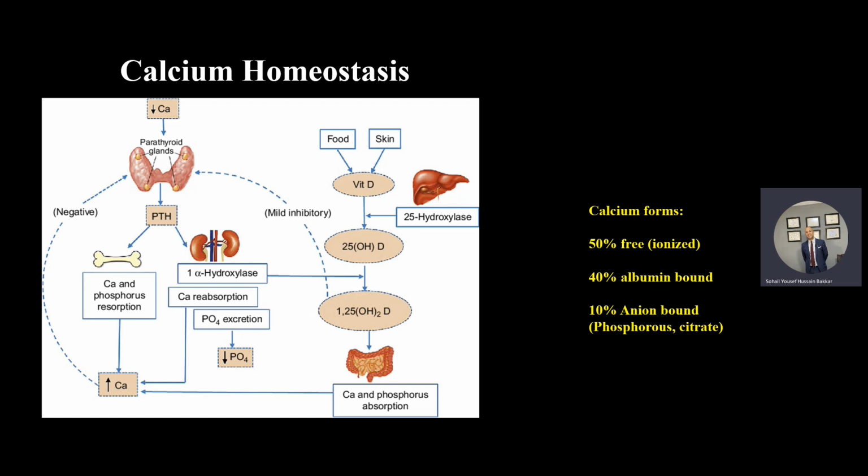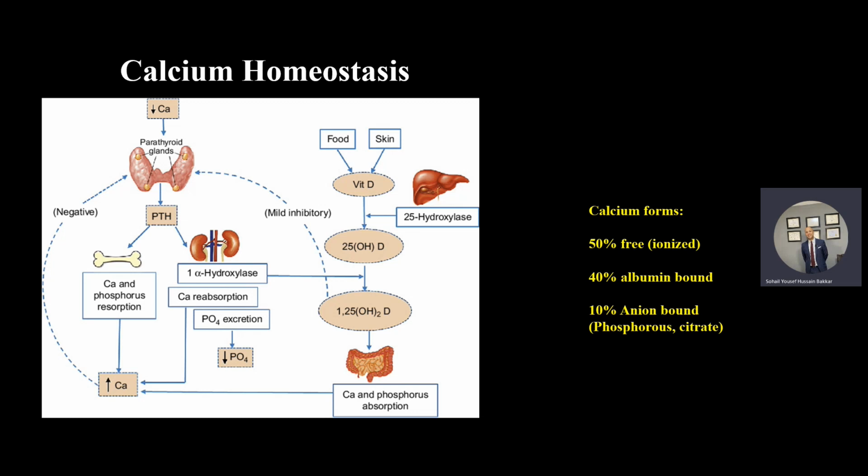Notice that the parathyroid hormone affects bones and increases calcium and phosphorus resorption. So it takes calcium and phosphate from bones to elevate the serum concentrations of calcium. It goes to the kidneys, and as we said earlier, it is the catalyst for the second hydroxylation of vitamin D3.